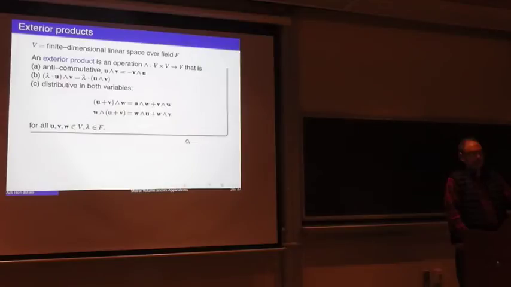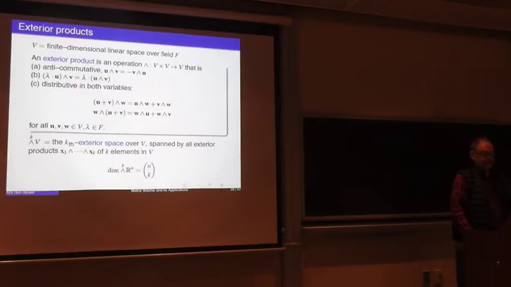It is anti-commutative, that is, the wedge of U and V is minus the wedge of V and U, and otherwise it is linear, distributive, and so on. So the kth exterior space over the original vector space has dimension n choose k. So this is the space of all exterior products of k elements in V.